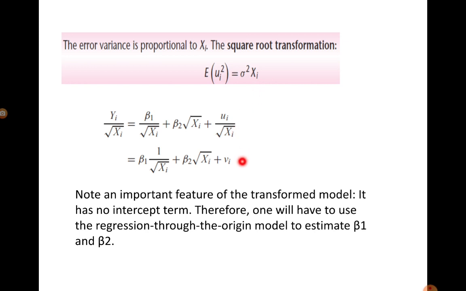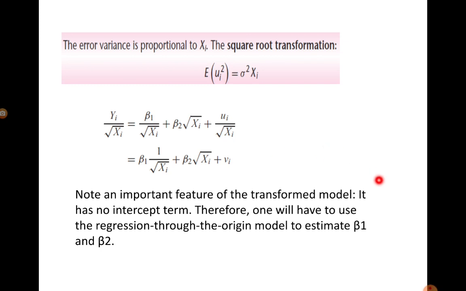So as you can see, this will be your regression model that you should run. This is your transformed regression model, and as you can see, both beta 1 and beta 2 have variables attached to it. So there is no intercept term in this model.